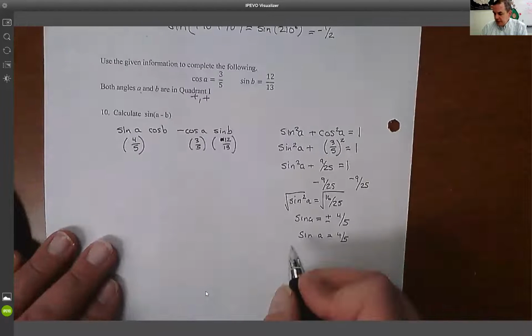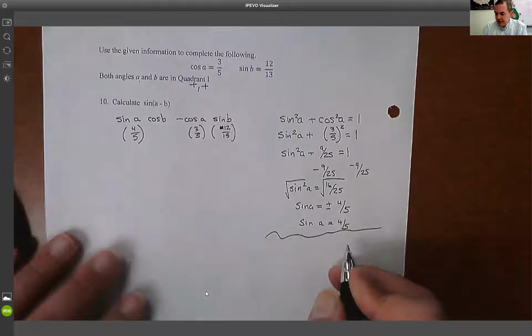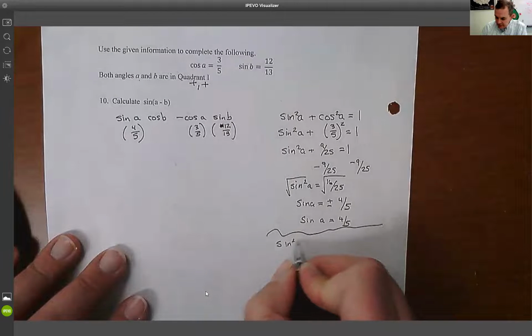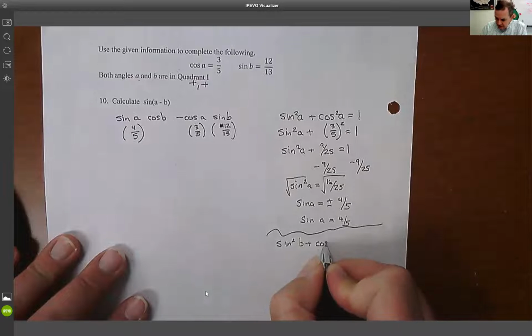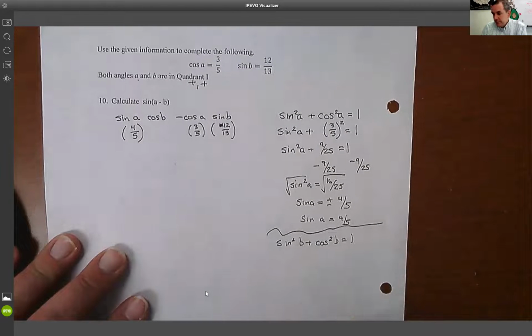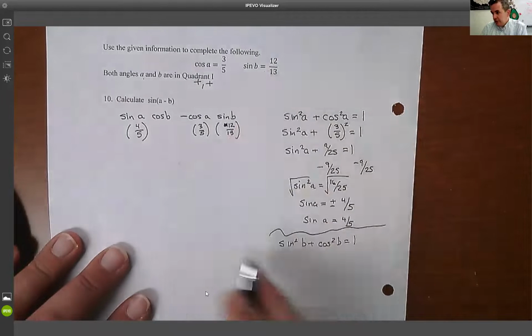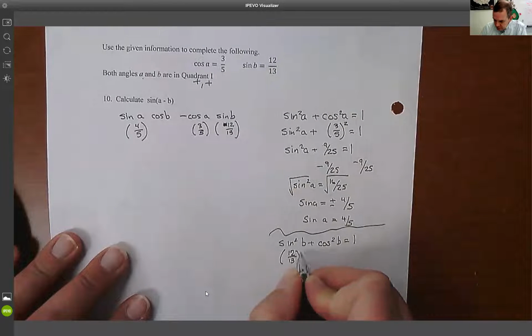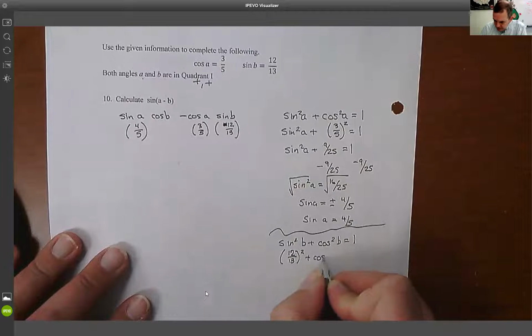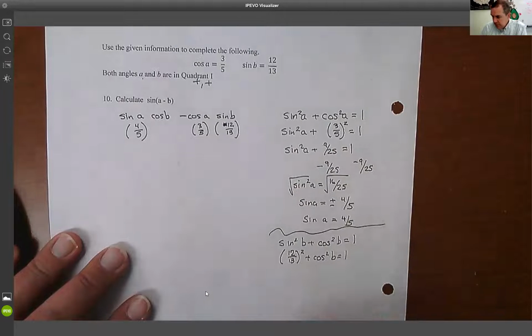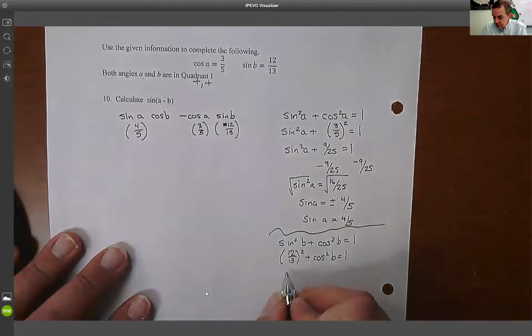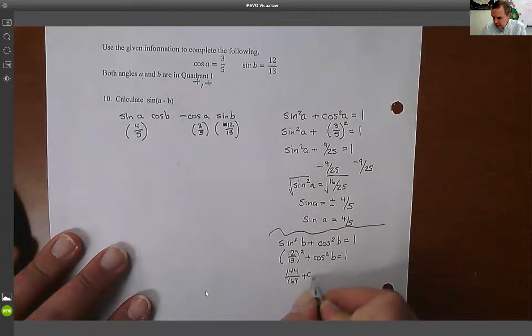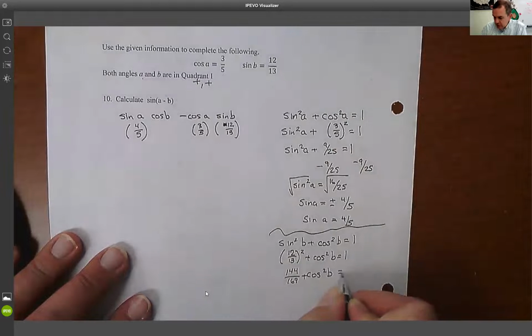And now I need to repeat that process to figure out b. Sine squared b plus cosine squared b equals 1. I know that sine b is 12/13. So I'm going to plug in 12/13 squared plus cosine squared b equals 1. 12/13 squared is 144/169 plus cosine squared b equals 1.